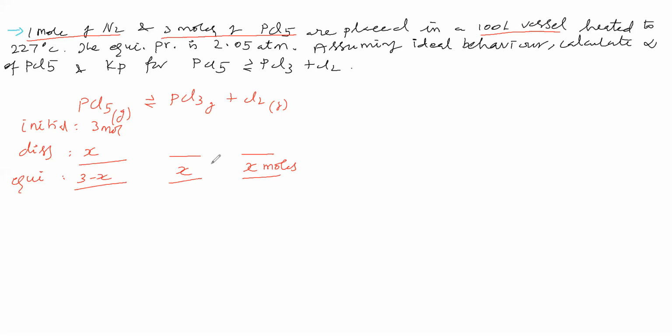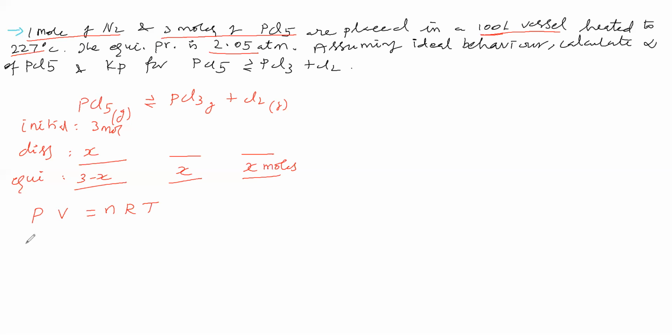Okay. Now what we have to find is alpha. What are the other data given? Equilibrium pressure is given. Equilibrium temperature is given. Volume of vessel is given. So if we assume ideal gas, then we can take PV equals nRT.